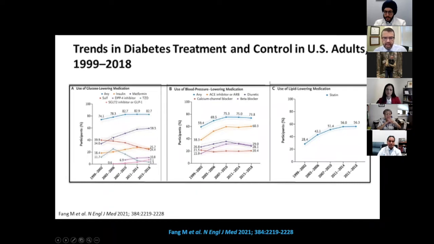We saw a decline in sulfonylurea use, an increase in insulin use, and in more recent years, and I'll be talking about this, I think this is exciting, an increase in the use of SGLT2 therapy and GLP-1, as we've ended up having really good quality primary endpoint data for these treatments. Similar themes with blood pressure lowering medication and lipid lowering medication as well, but more of a plateau in terms of the last decade that we've seen.